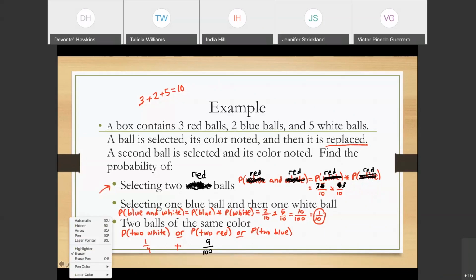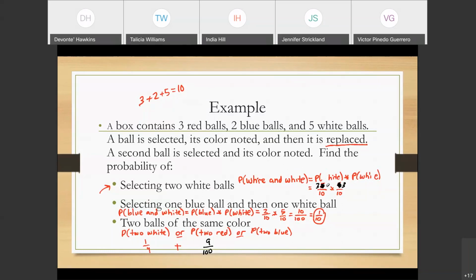All right, so let's look at it then for the blues. So 2 blues would be blue and blue.